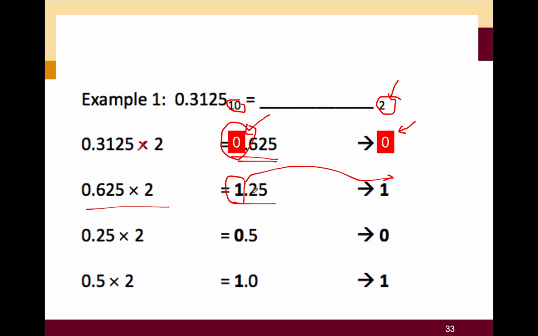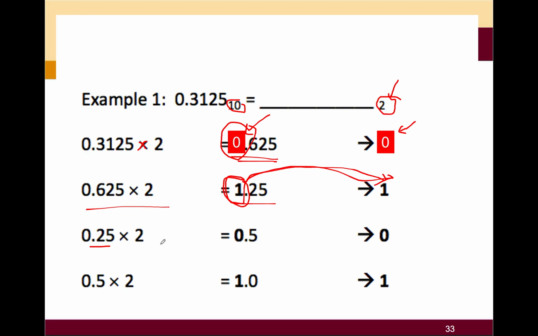So please make sure you drag this one out over here, and you need to know that you only take the 0.25 as the multiplied part later on.